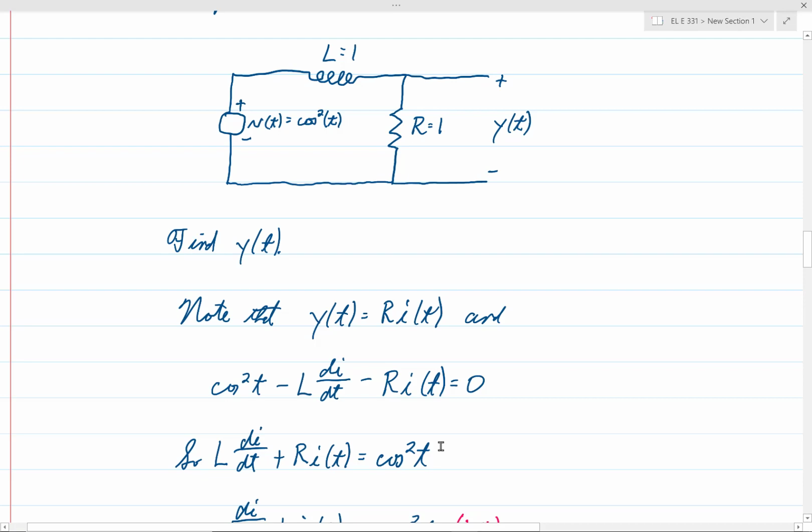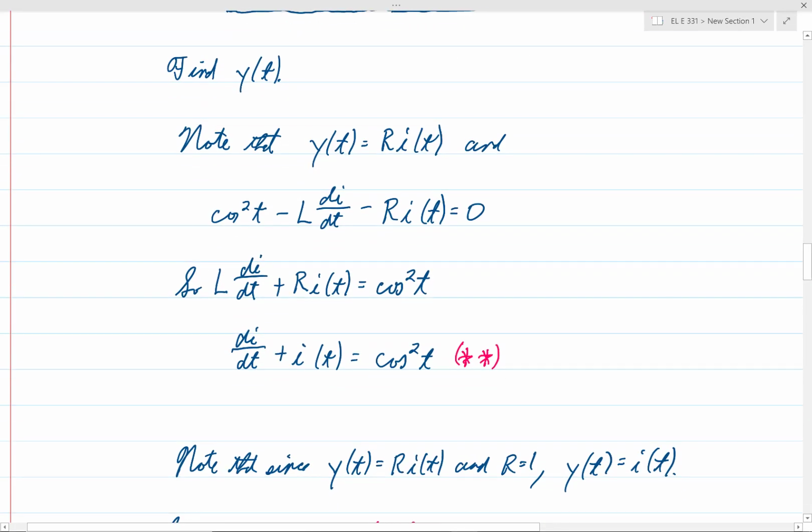And since L and R are both equal to 1, that just gives us this differential equation right here, di dt plus I of t is equal to cosine squared t. And again, y is equal to R times I of t, but R is equal to 1, so that just means that y of t is equal to I of t.